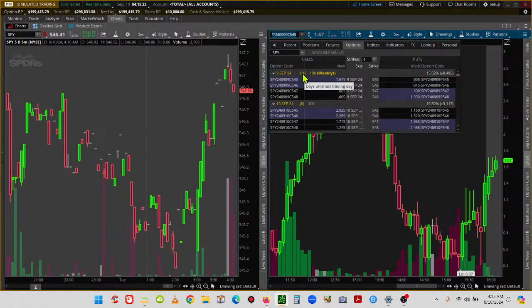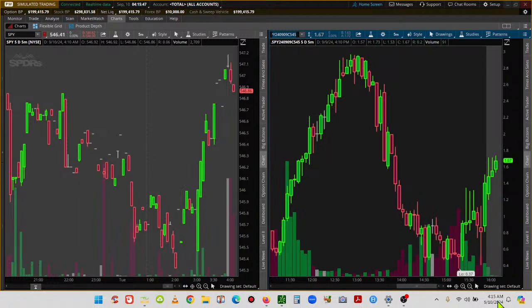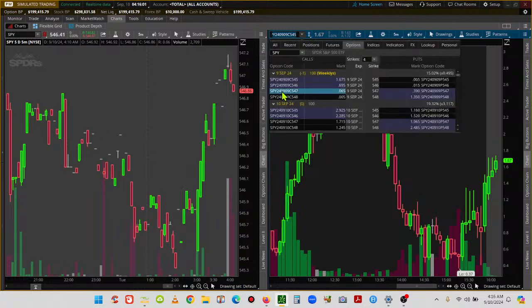But this row right here is from September 9th, 24, and you see it says -1. Well, that means yesterday. So we could see that today we are on Tuesday, September 24th, 2024. And my clock right here down at the bottom of the screen in fact says that it is 4:15 a.m., which means the options for today are not live.